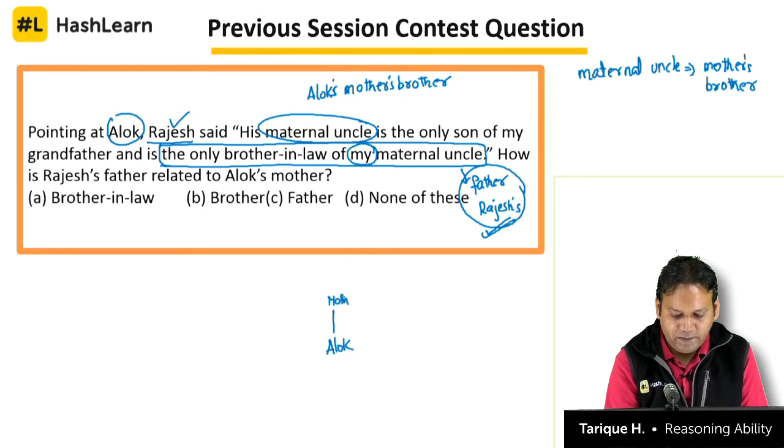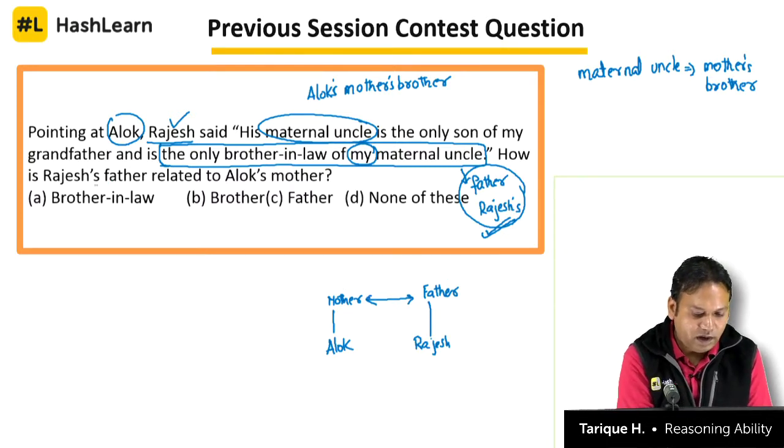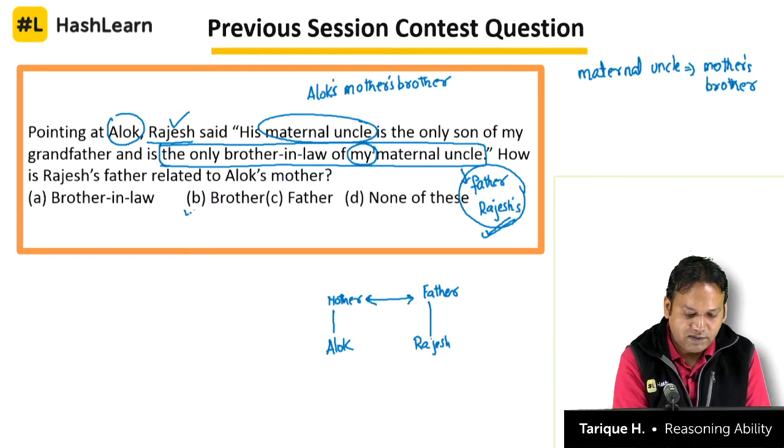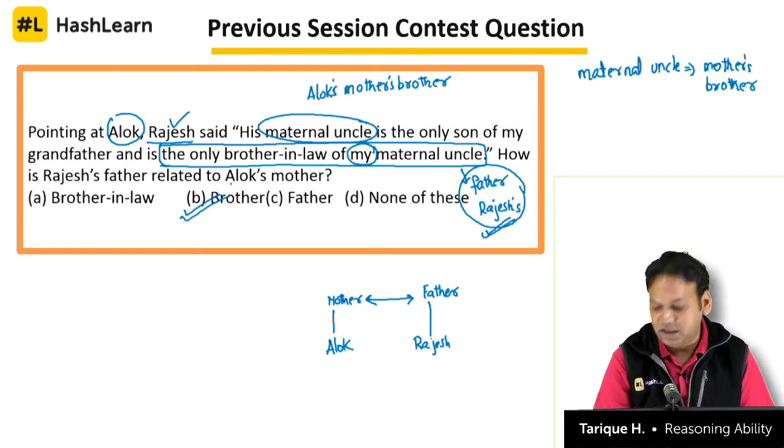Alok's mother is here, and Alok's mother's brother is no one but Rajesh's father. Rajesh's father is the brother of Alok's mother. So, how is Rajesh's father related to Alok's mother? Answer will be brother. Yes, that is the contest question from the previous session.